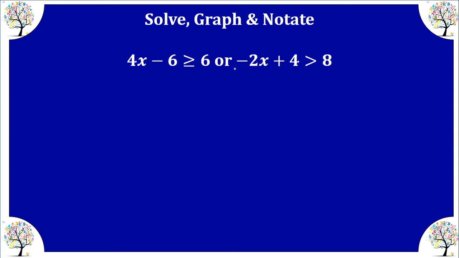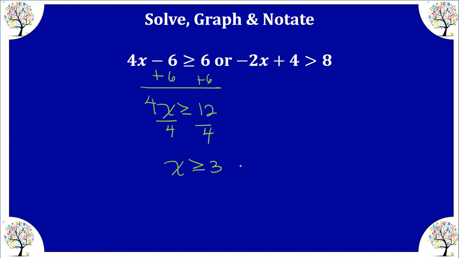Okay, here we have an OR. So we have two equations to solve. So we're going to add 6. We get 4x is greater or equal to 12. Divide by 4. And x can be greater or equal to 3. Or subtract 4.